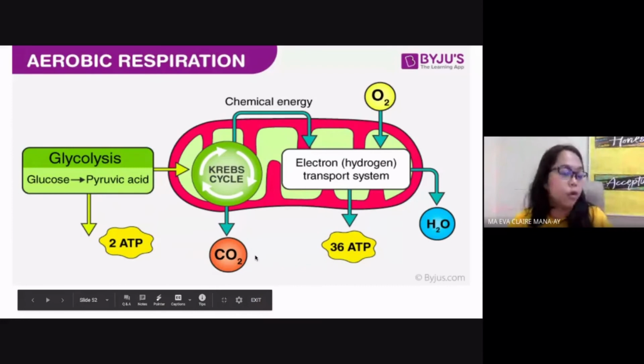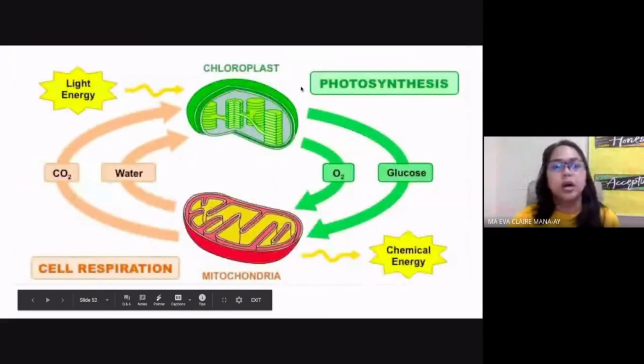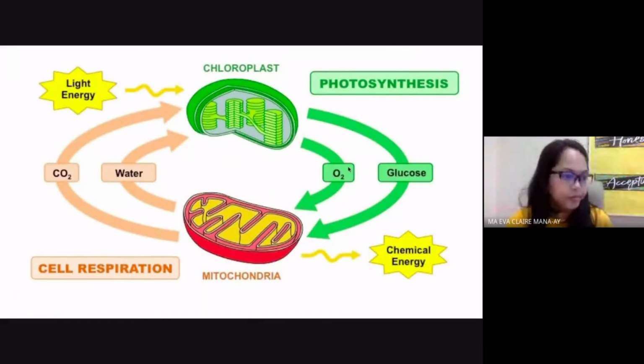So as we've mentioned, photosynthesis and cellular respiration are direct opposites of each other. Whatever is produced by photosynthesis, your oxygen and glucose, those are going to start your cellular respiration. Whatever is produced by cellular respiration, carbon dioxide and water, those are of course going to be used by your chloroplast in a process called photosynthesis. So again, they are direct opposites of each other. The reactant of one becomes a product of the other, and vice versa.